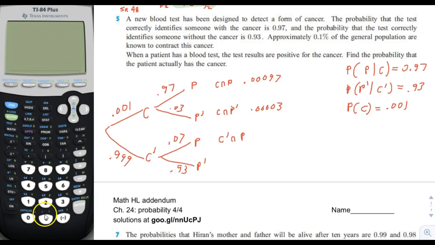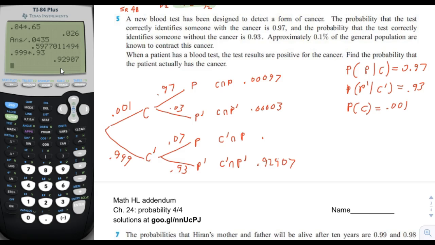It's actually pretty big, isn't it? It's 0.999 times 0.93. That's 0.92907 here.